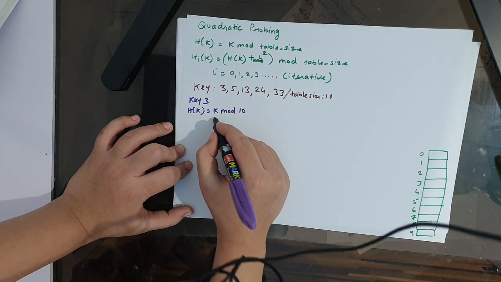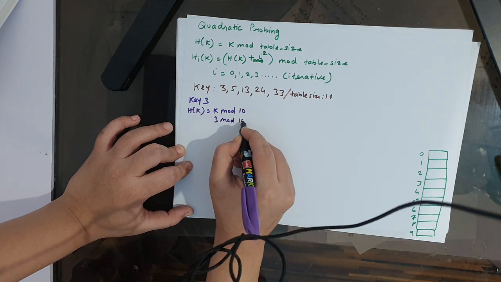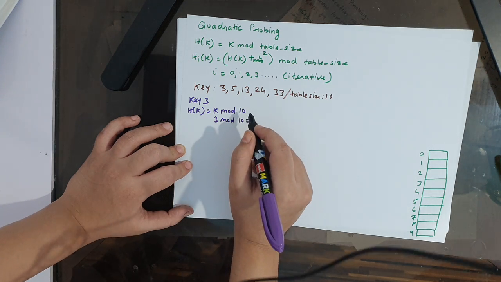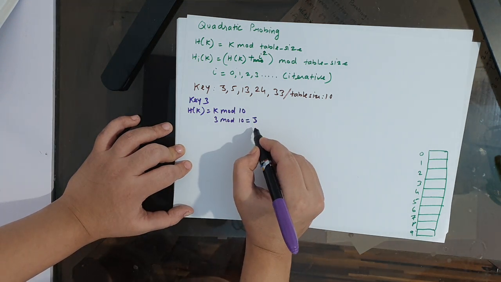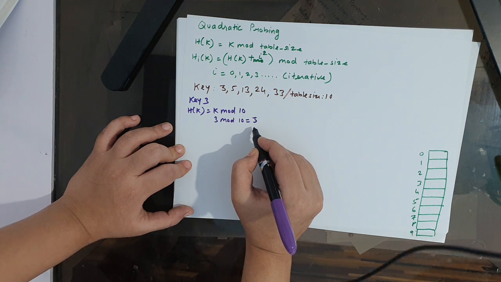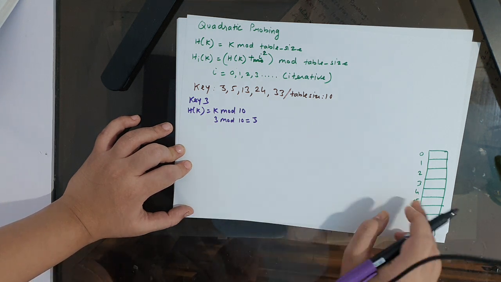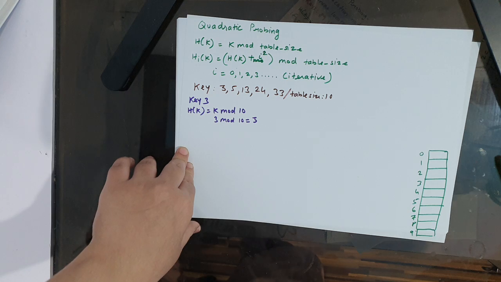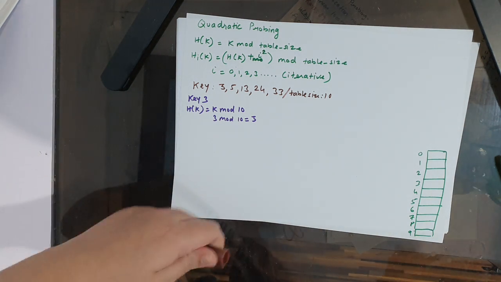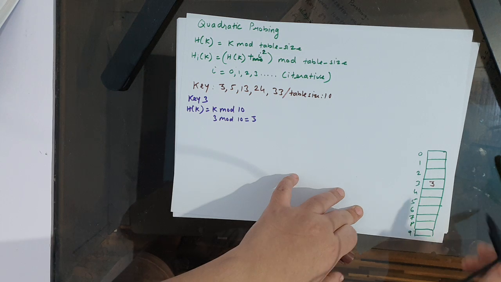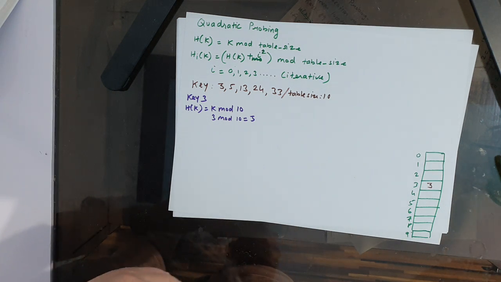So it is 3 mod 10. The answer that we get is 3. Is location 3 available? Yes, it is available. So we can just put our key right there in that location.